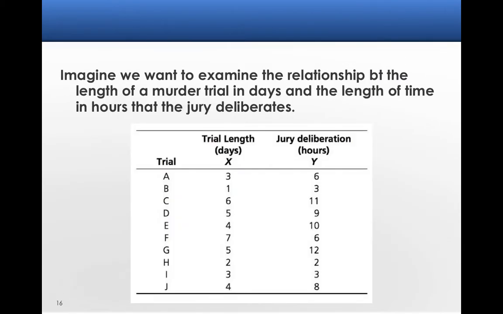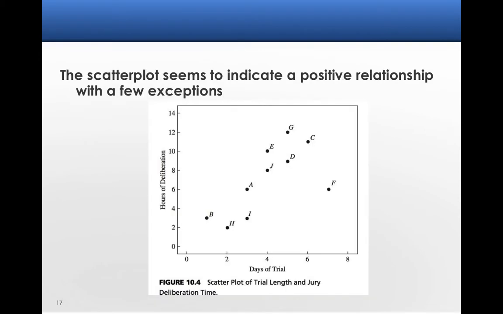Imagine we want to look at the relationship between the length of a murder trial in days and the length of time in hours that the jury deliberates. Here we have some trials, their length in days, and how long the jury deliberated. Here they are plotted out. It seems to indicate a positive relationship with a few exceptions.